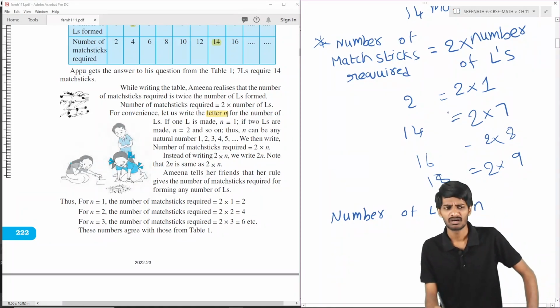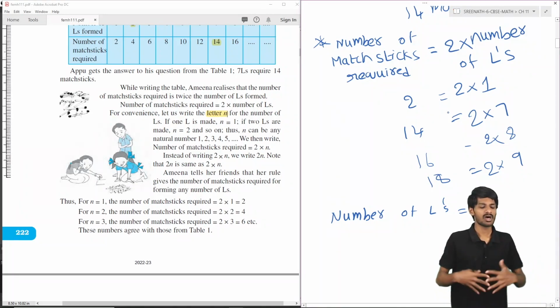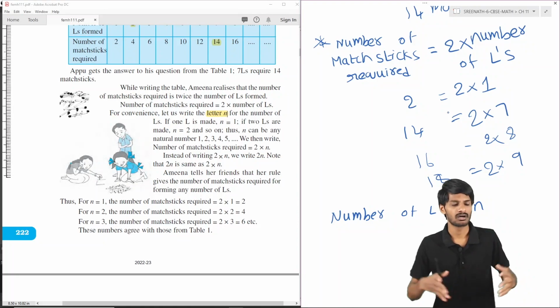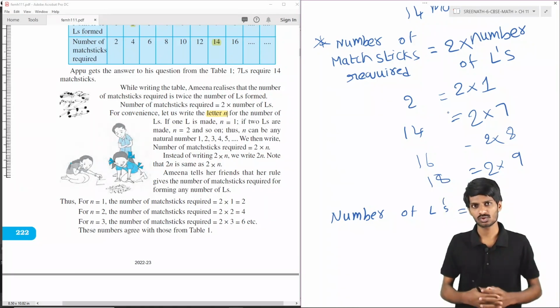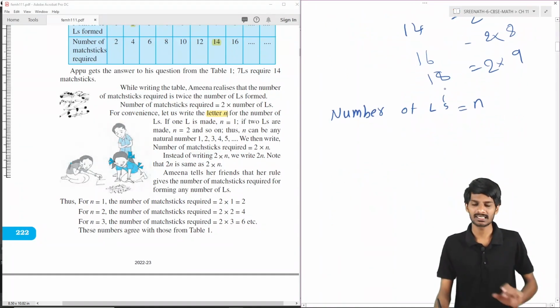Sharanyu may come and ask how many matchsticks are required to make 100 L's. Next time your friend may come and ask how many matchsticks are required to make 200 L's, like that. So the number of L's is changing. That's why we are going to represent it with the letter N.